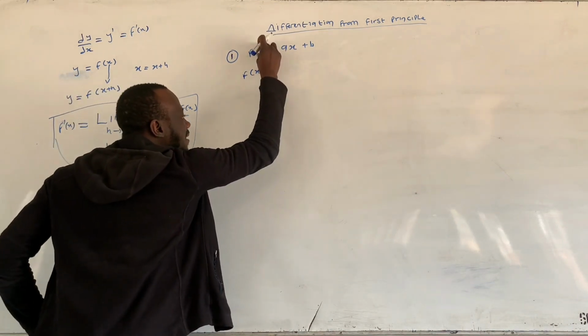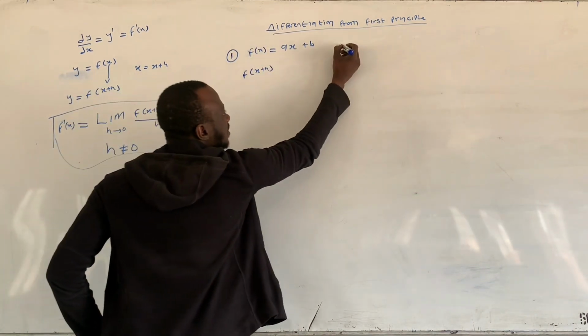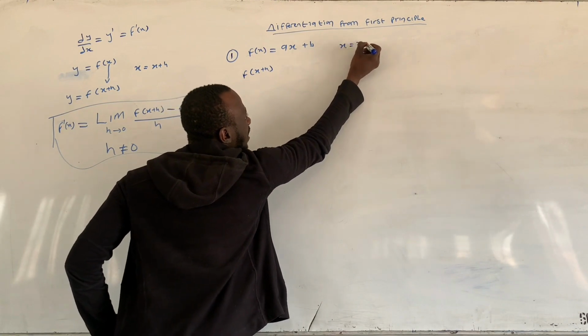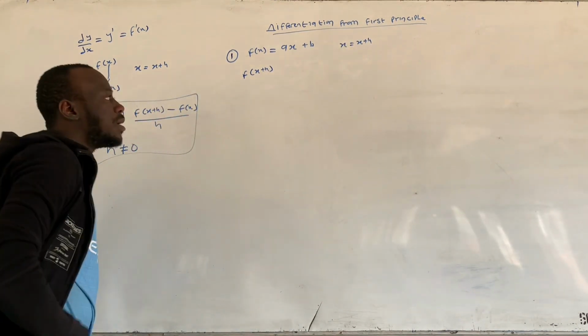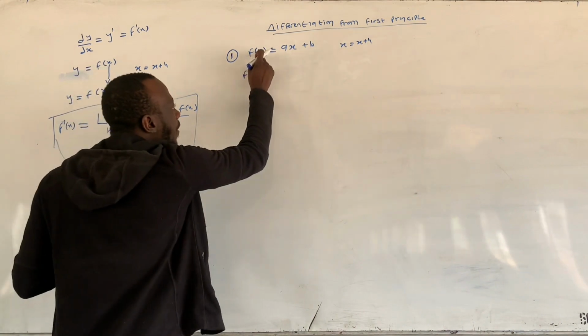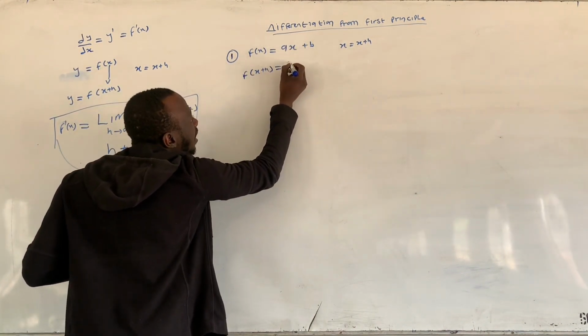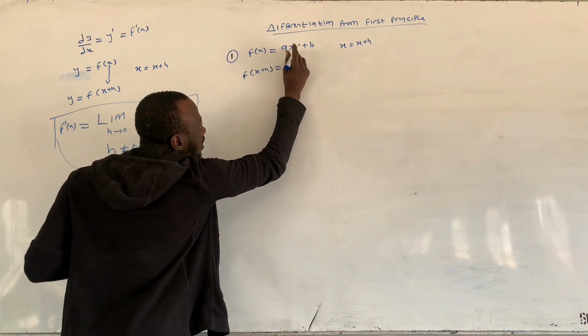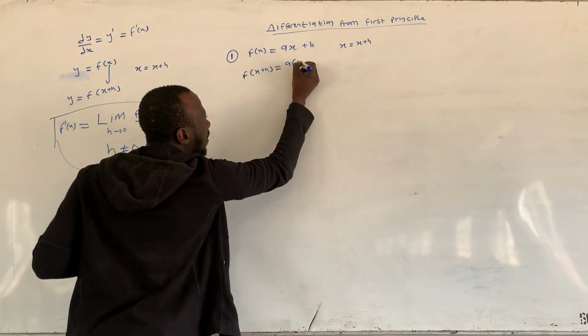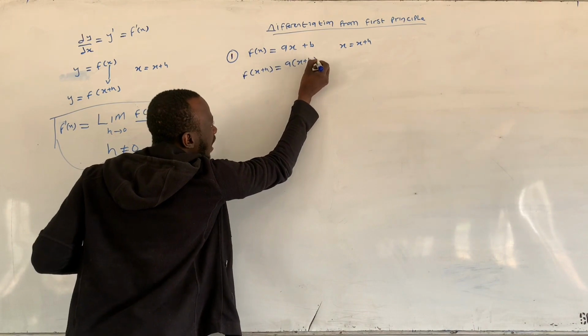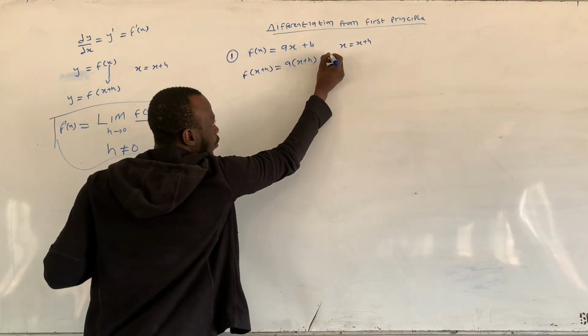Since x is equivalent to x plus h, we have a times x plus h, plus b.